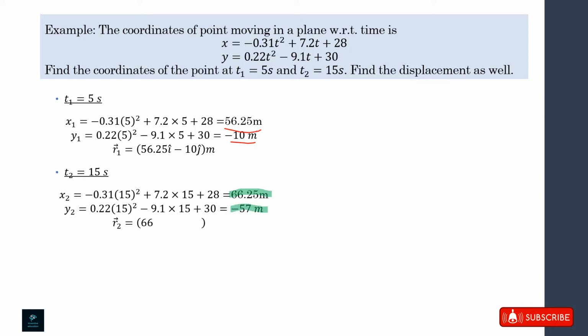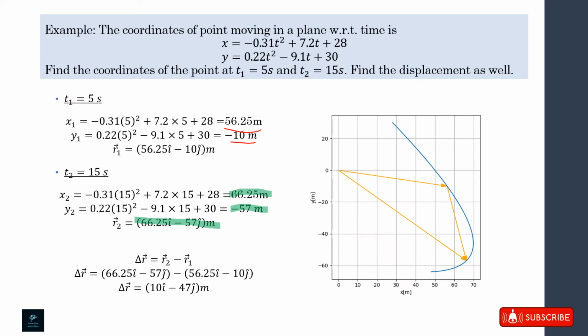Therefore, r2 is equal to 66.25 i hat minus 57 j meters. The displacement is equal to r2 minus r1. This is equal to 66.25 i hat minus 57 j minus 56.25 i hat minus 10 j. Therefore, displacement is equal to 10 i minus 47 j meters.